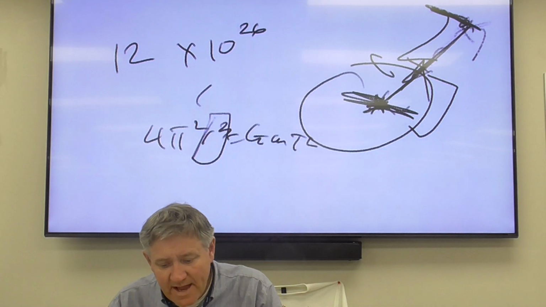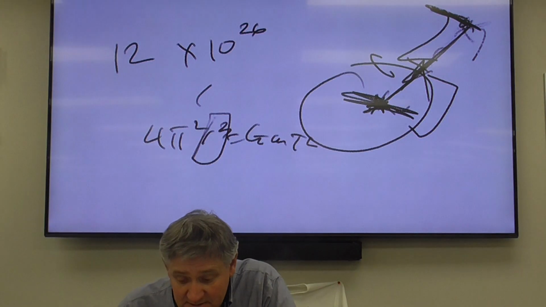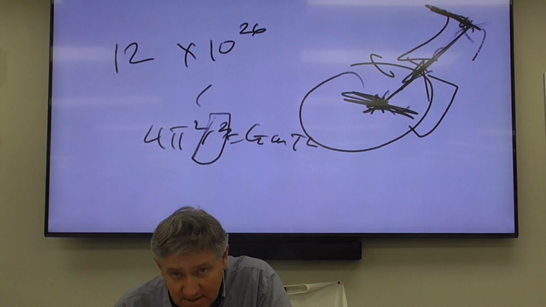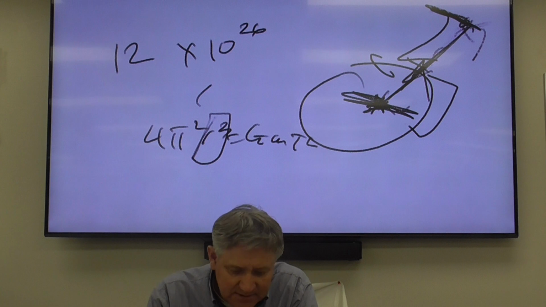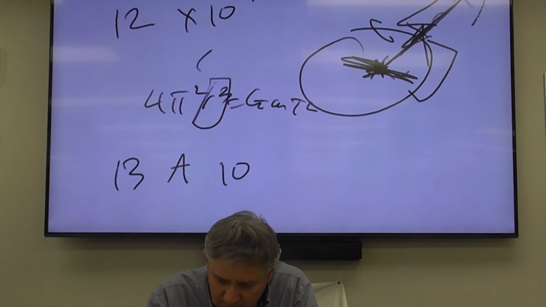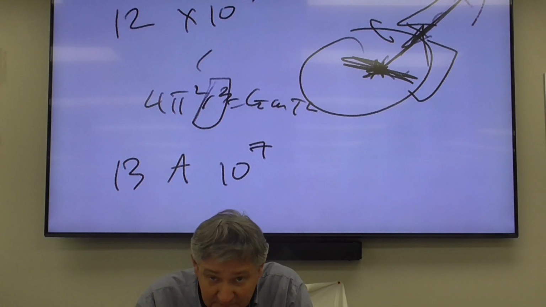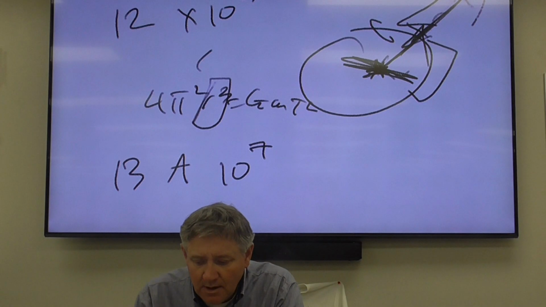The answer to number 13, after you subtract out the radius of the Earth, is still 10 to the 7th. So your answer to 13A is 10 to the 7th, even after you subtract out the radius of the Earth.